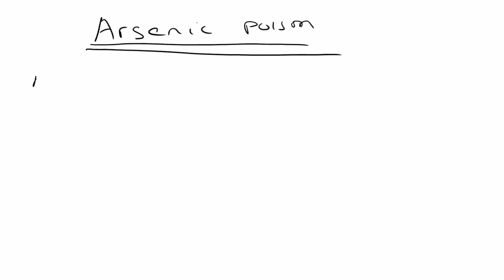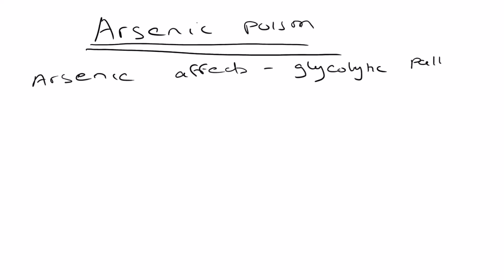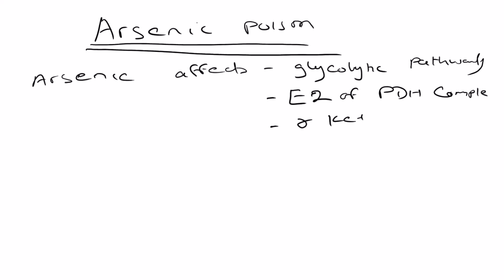Arsenic poisoning. In addition to inhibiting a pathway in glycolysis, arsenic poisoning is mainly due to inhibition of enzymes that require lipoic acid as a coenzyme, including E2 of the PDH complex, alpha-ketoglutarate dehydrogenase, and branched-chain alpha-keto acid dehydrogenase.